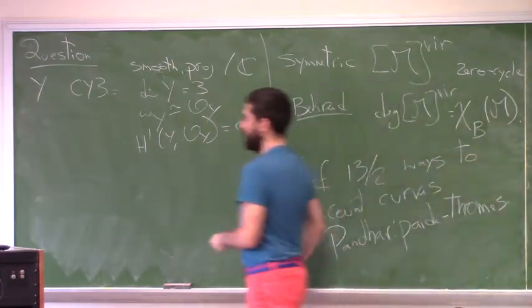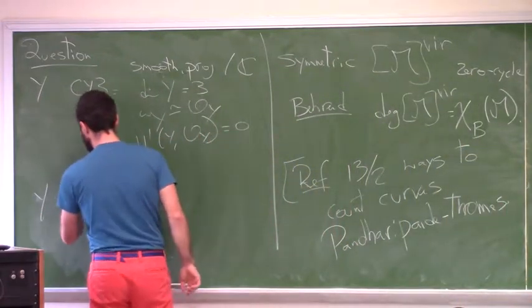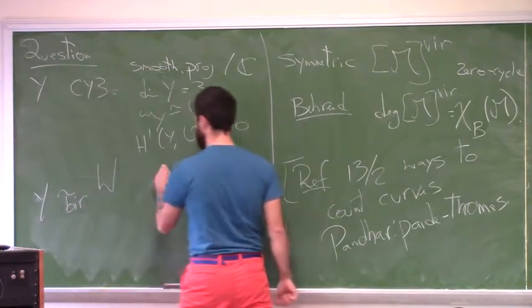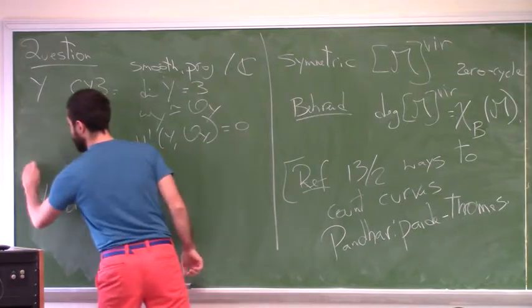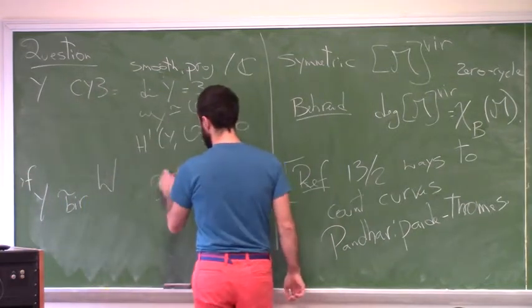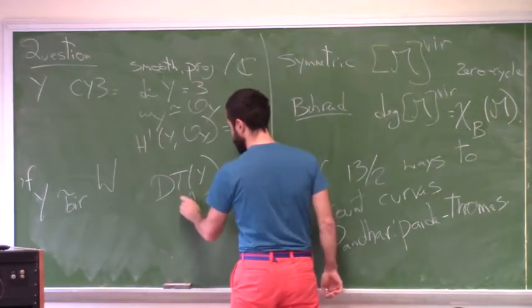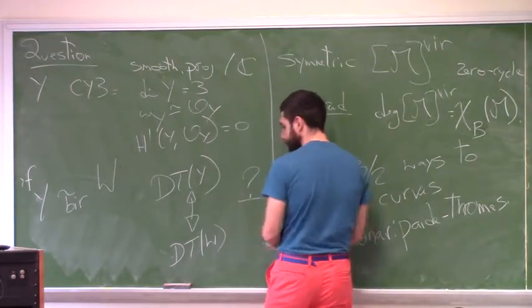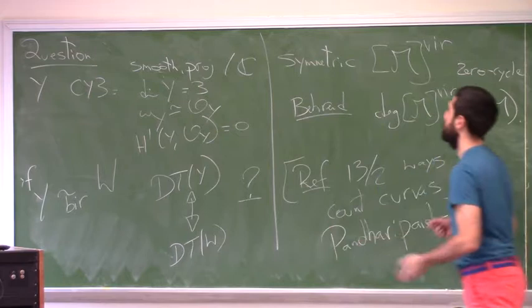Okay, so the question is, if Y and say W are birational, is there a relationship between the DT invariants of Y and the DT invariants of W? So this is the question I want to answer.